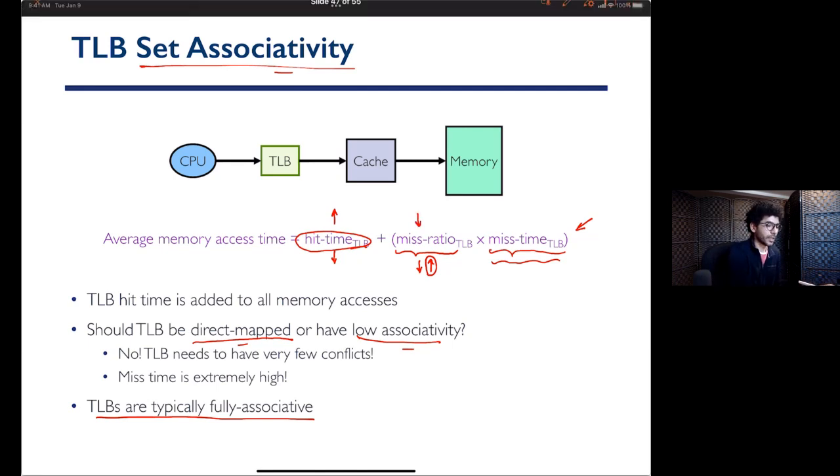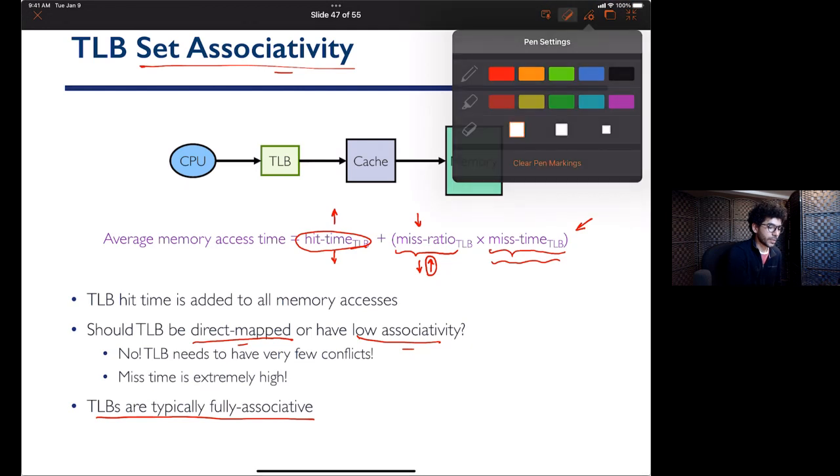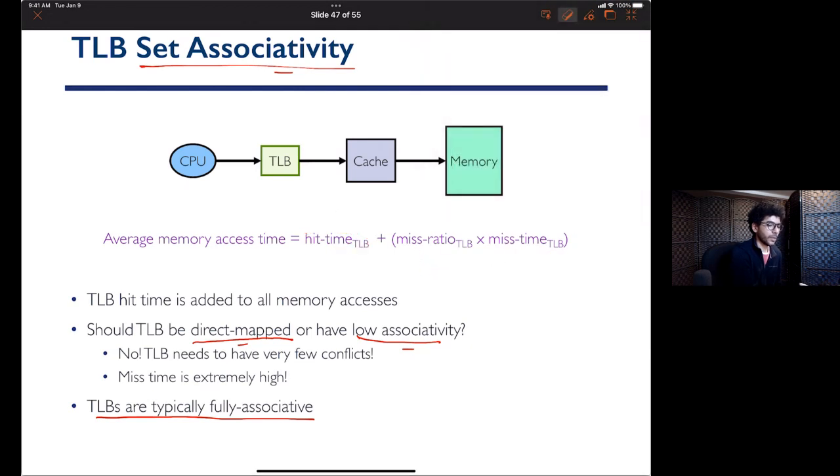So let me actually clean this up a little bit and have it in one place. With direct map, your hit time is low, your miss ratio is high. With fully associative, your hit time is high, but your miss ratio is down. Now, which one to pick?